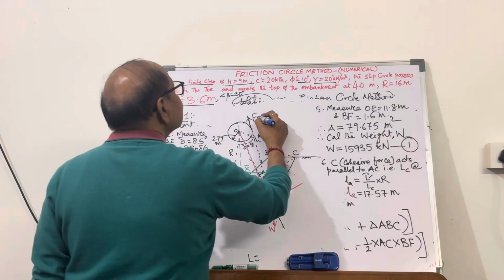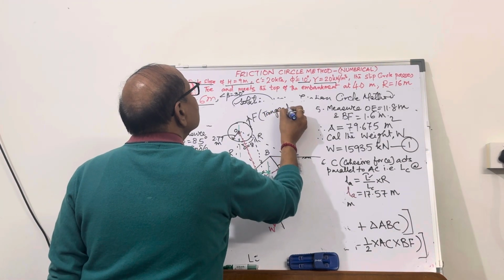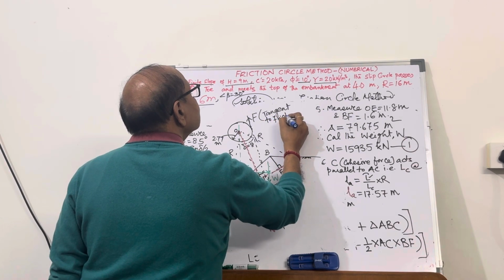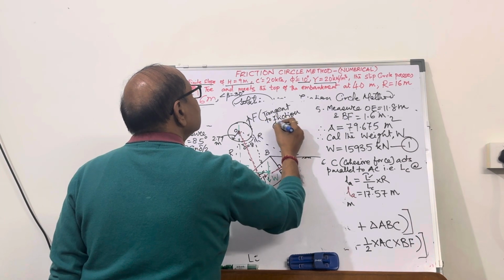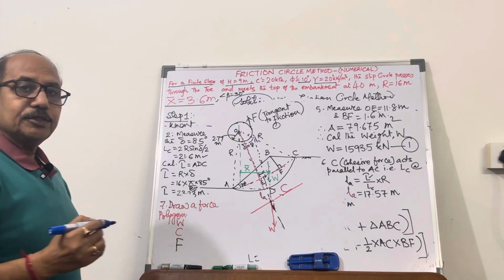This F is tangent to friction circle. Right? I've already explained this.